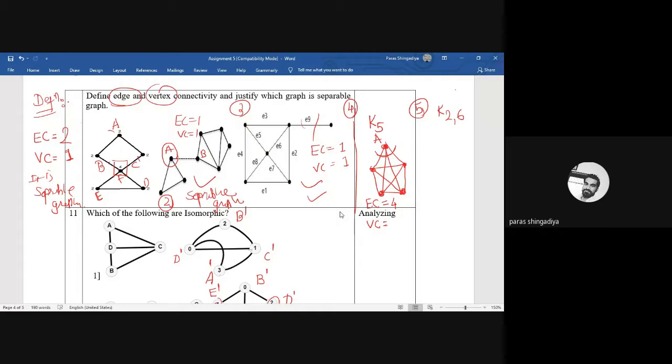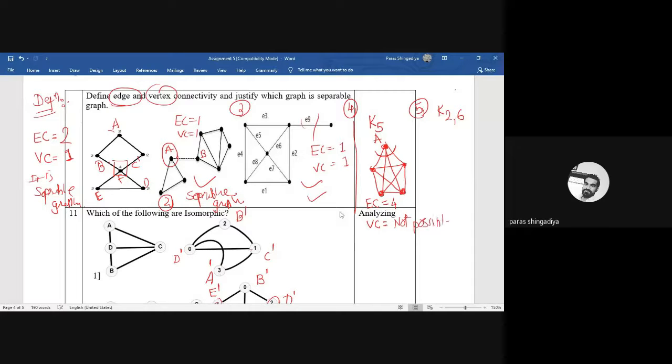You have to observe two disconnected parts. The graph should be in two parts when we delete any of the vertices. So up to 4 vertices, we get only a single vertex at the last. So what does it mean? The vertex connectivity is not possible for any complete graph.